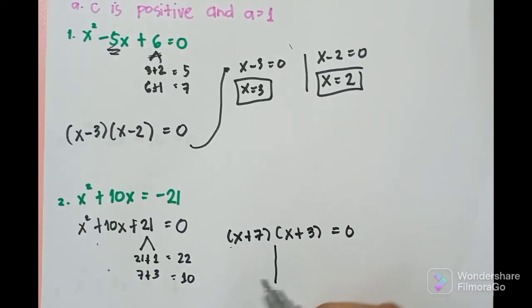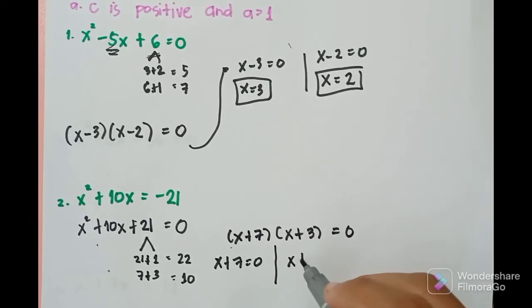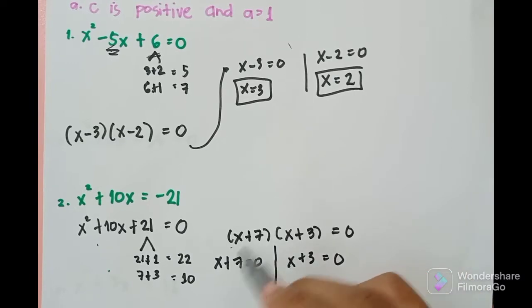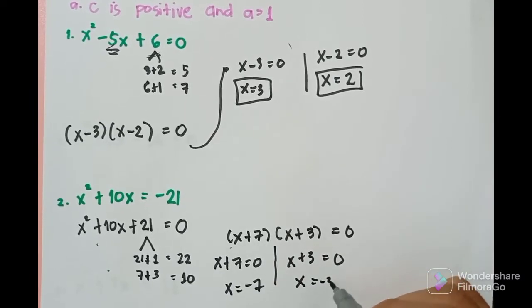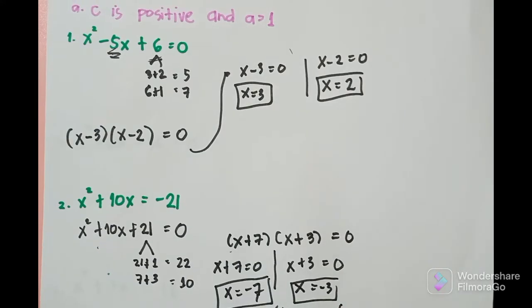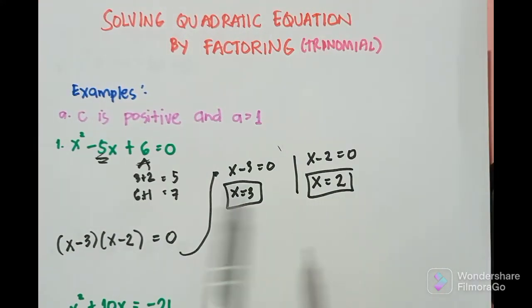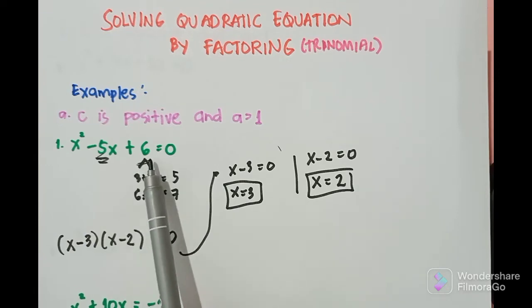So, equate na natin kayo, so, magiging x plus 7 equals 0, x plus 3 is equal to 0. Then, lipat. So, x is equal to negative 7 and x is equal to negative 3. Ayan. So, that's it. So, ulitin lang natin ha. If c is positive at si a is equal to 1, ang gagawin lang natin is to find the factors of c.